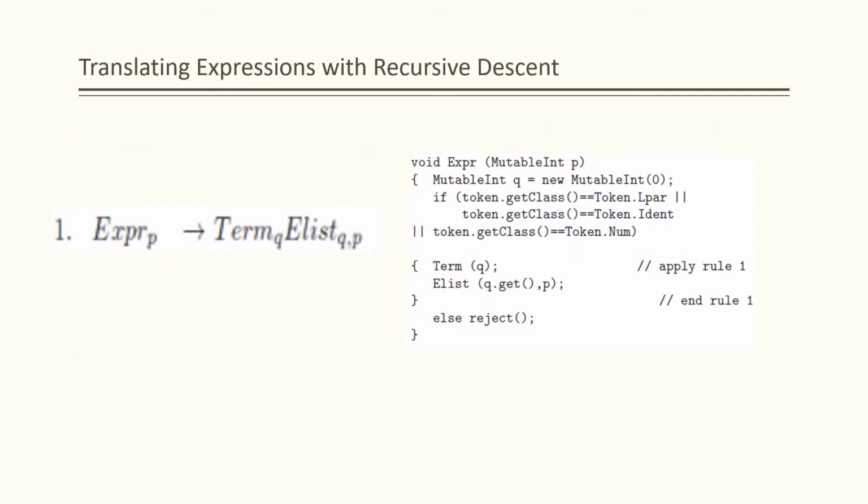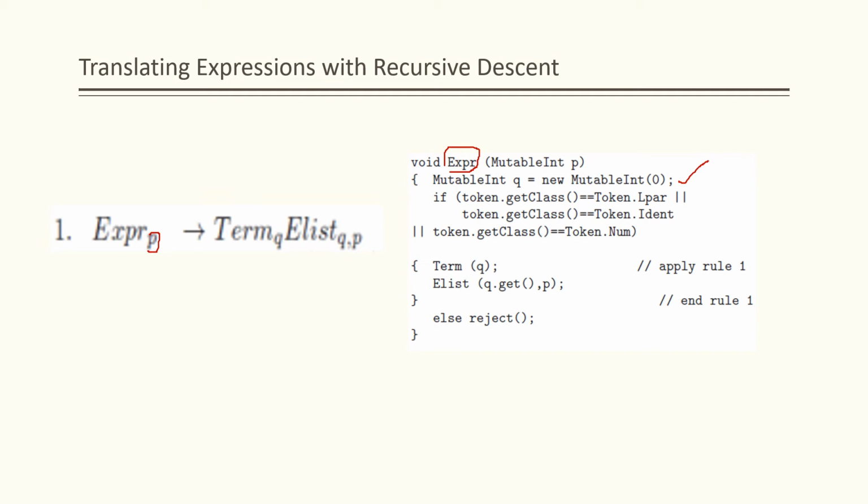How do we translate the expressions with recursive descent? We want to know how to code it. For example, we get rule number 1, expression P goes to term Q, else Q, P. It is the same way: any non-terminal will be a method. So here you have a method expression with a parameter P. Now you create the mutable object, called Q in this case.